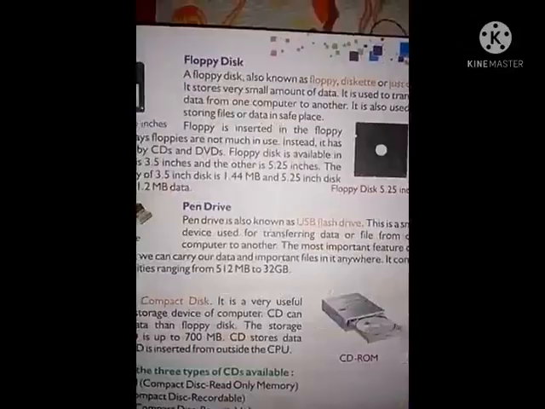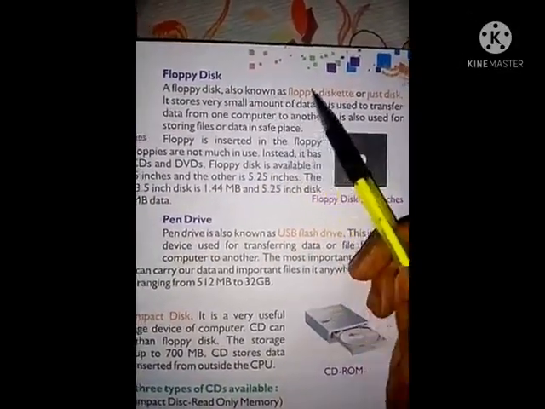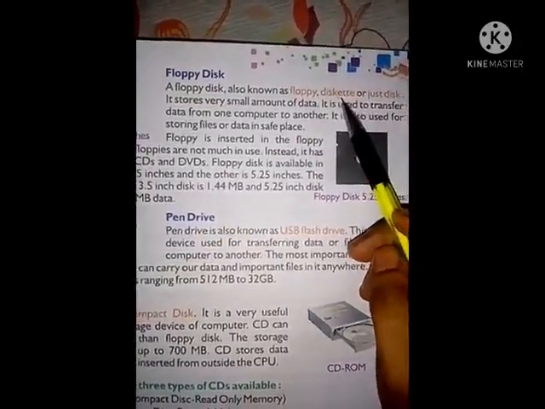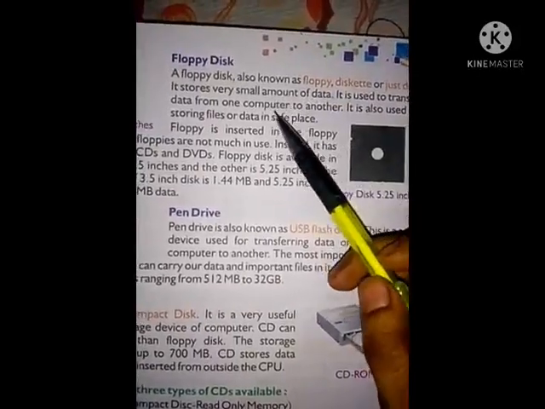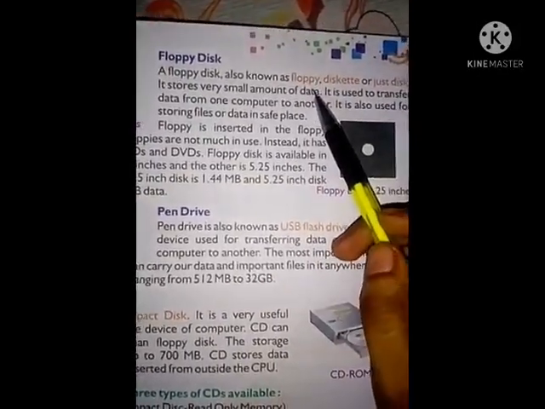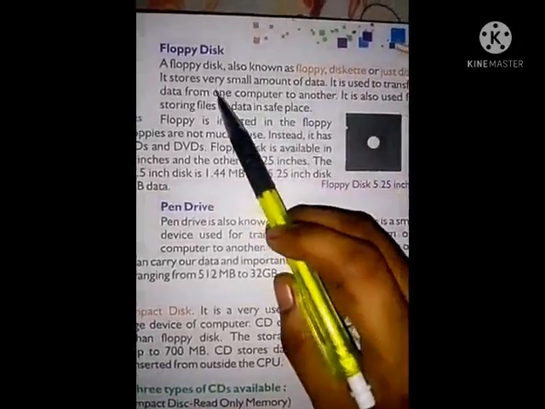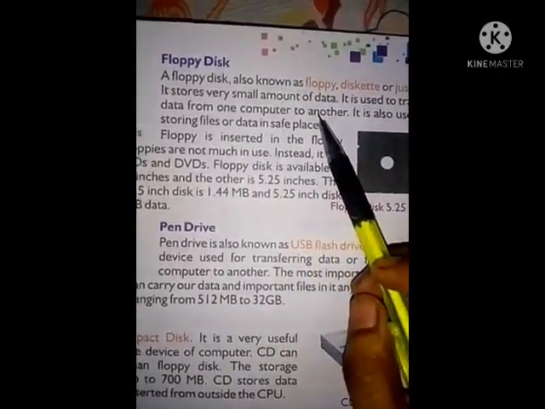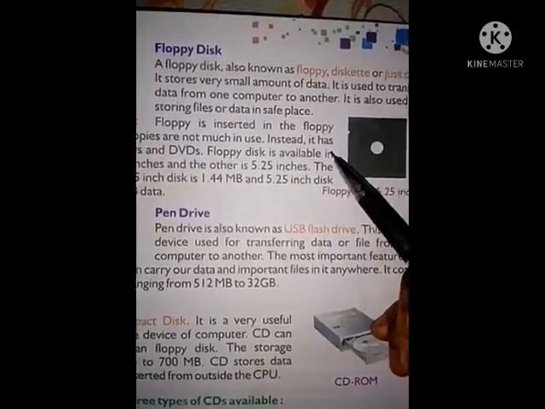Now see floppy disk. A floppy disk is also known as floppy diskette or just disk. It stores a very small amount of data.